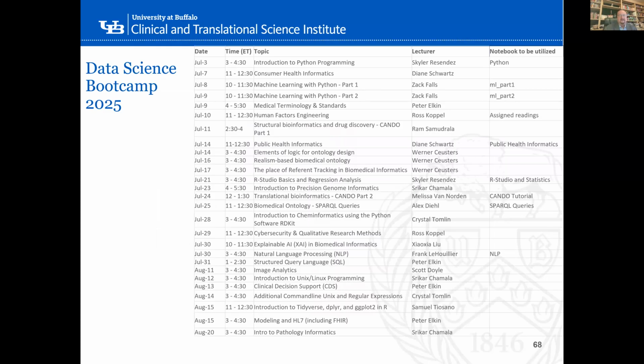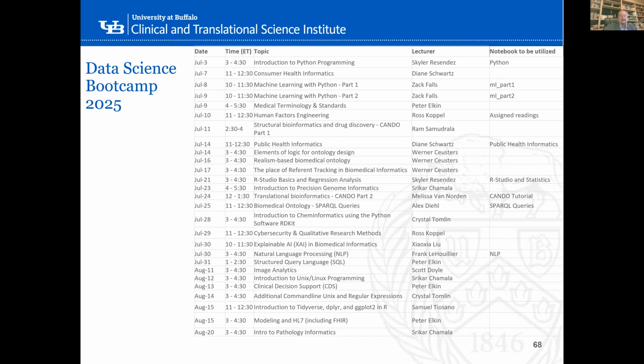So my department gives a free data science boot camp every year. It's easy to sign up for on our website, and if you go to my department's website, you can find the boot camp under educational opportunities. This is the schedule for this year, and some of you in the audience are teaching in this program, I saw.